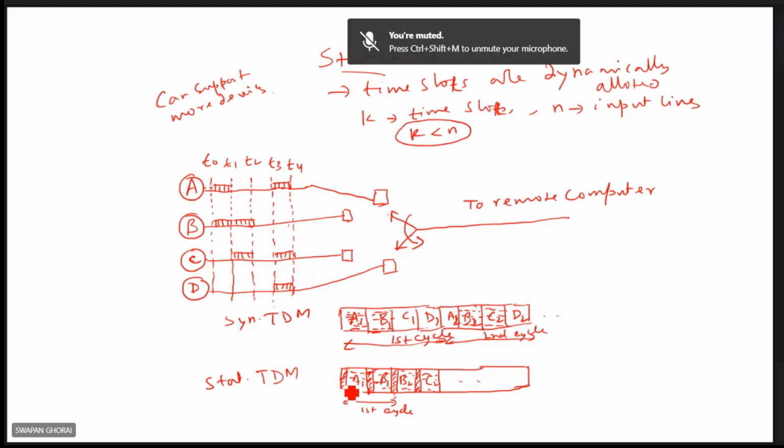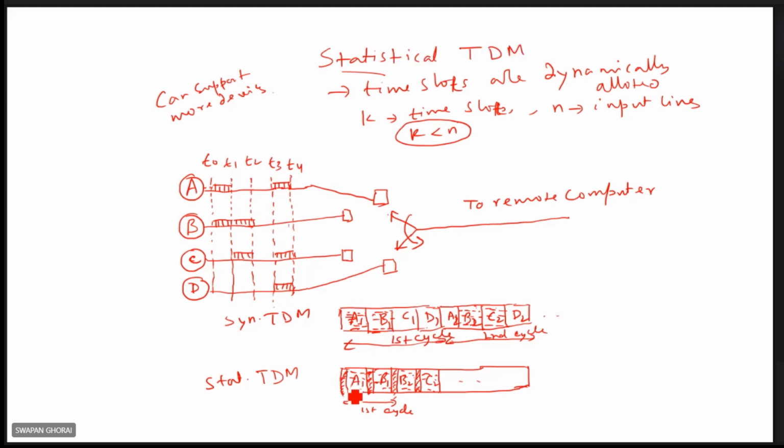But in statistical multiplexing, it does not send the empty time slots. There are no empty time slots in this case. It will not send the time slots if there is no data to send.